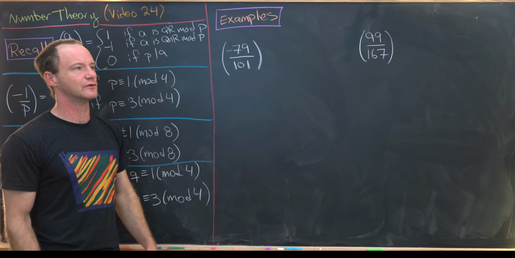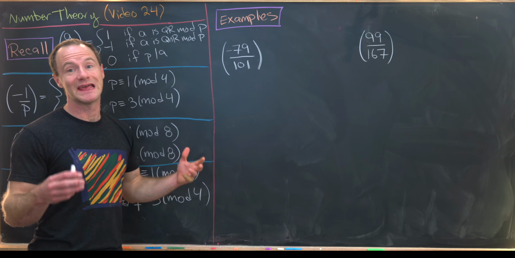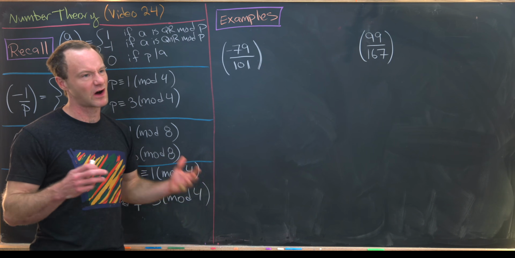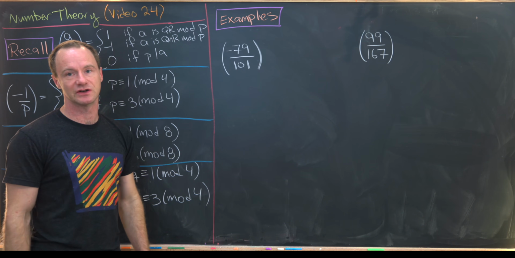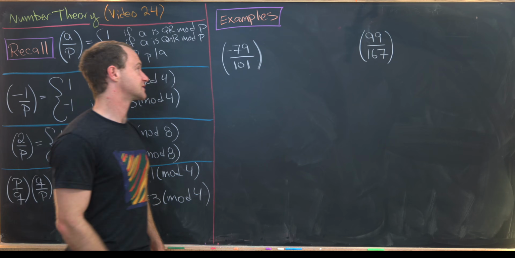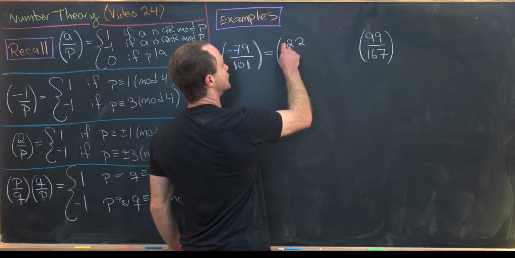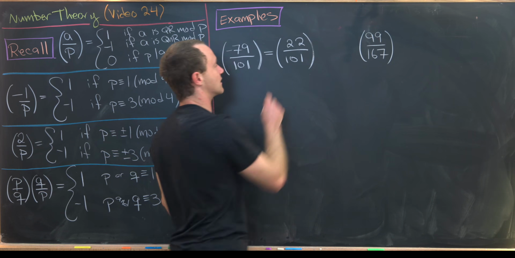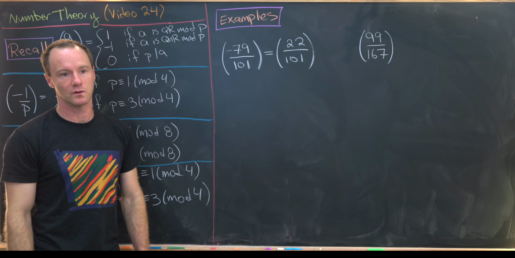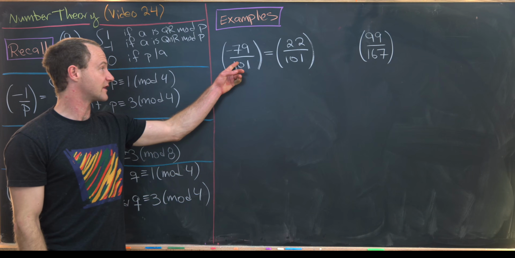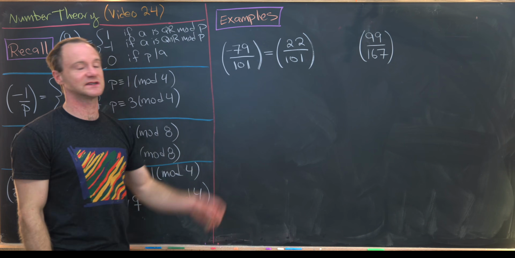That's something that we proved, or heavily hinted at, in a previous video. It follows pretty quickly from the definition of quadratic residues. So we know that this is equal to the Legendre symbol 22 by 101, just by adding 101 to the top part.